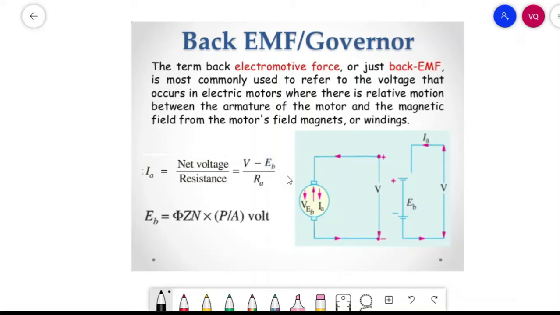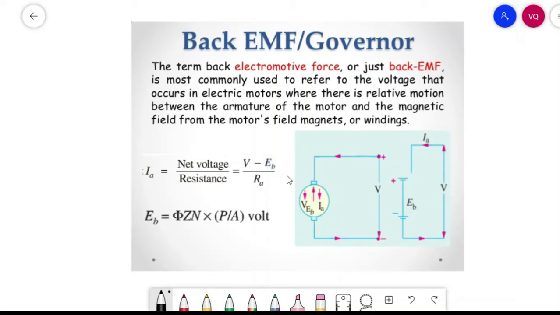The term back electromotive force, or just back EMF, is most commonly used to refer to the voltage that occurs in electric motors where there is a relative motion between the armature of the motor and the magnetic field from the motor's field magnets or windings.